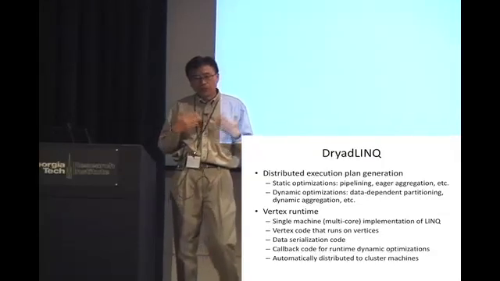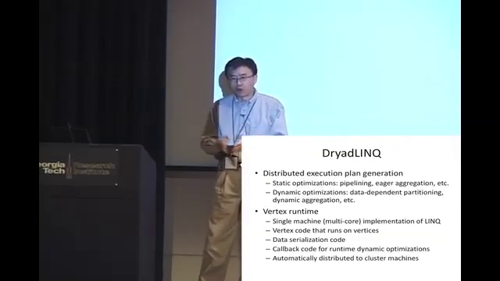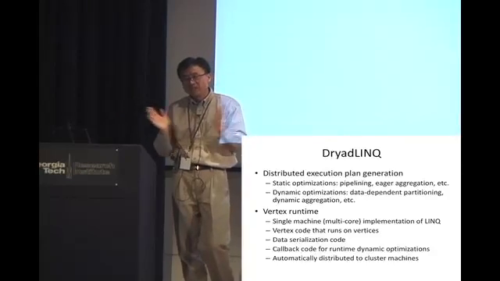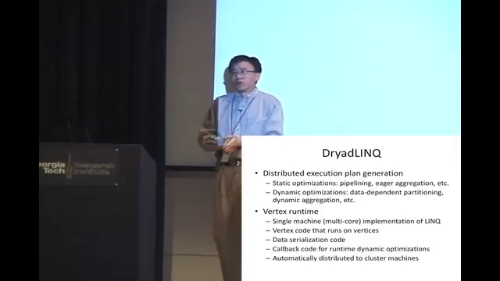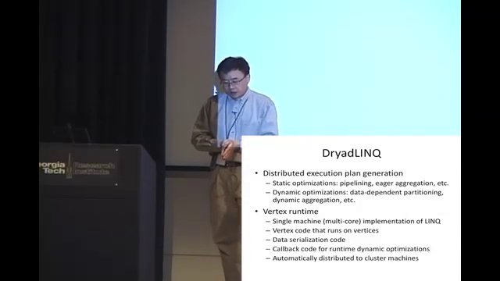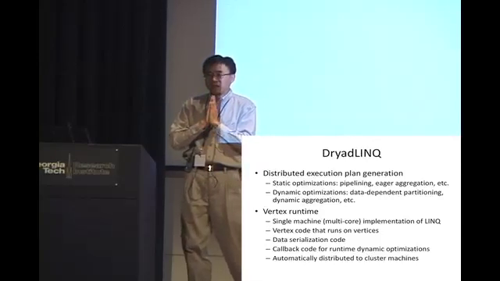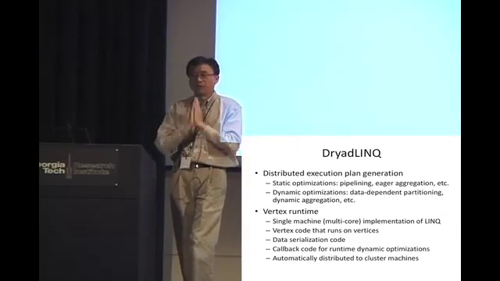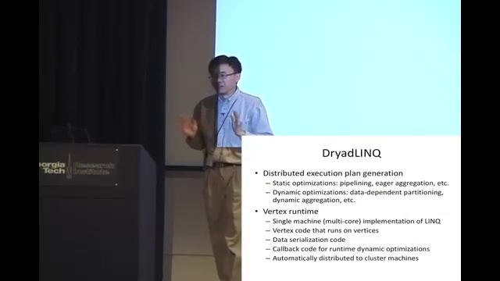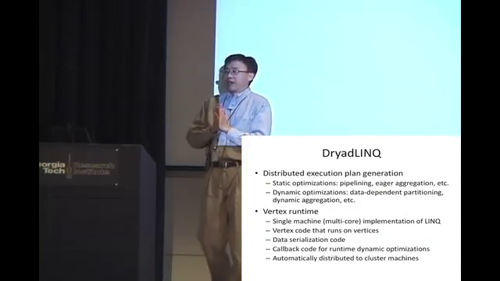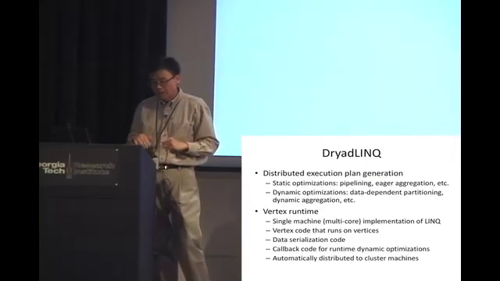We introduce operators like forking the data. In SQL, an operator can only have one output, but here you can have multiple outputs of an operator, so there are some complications there.